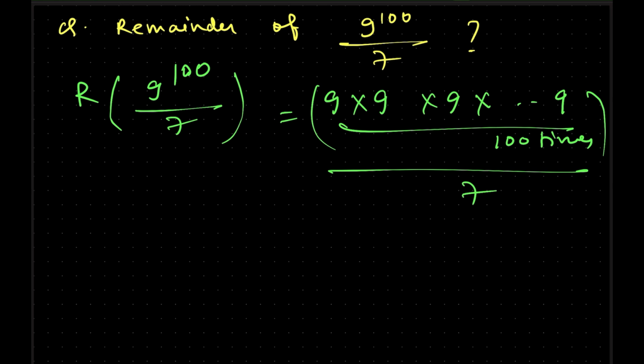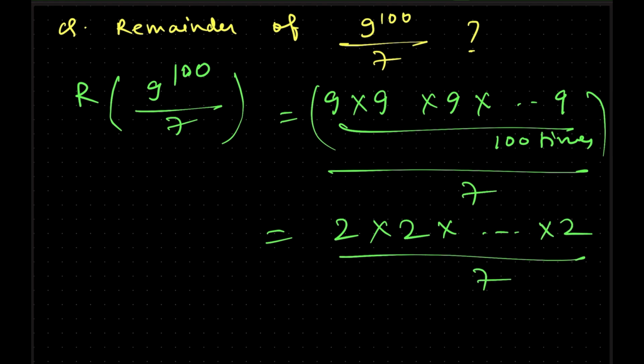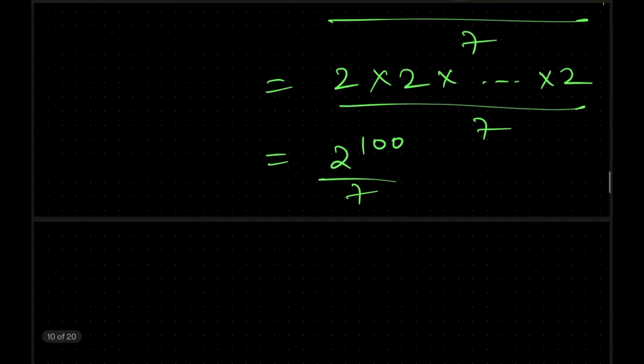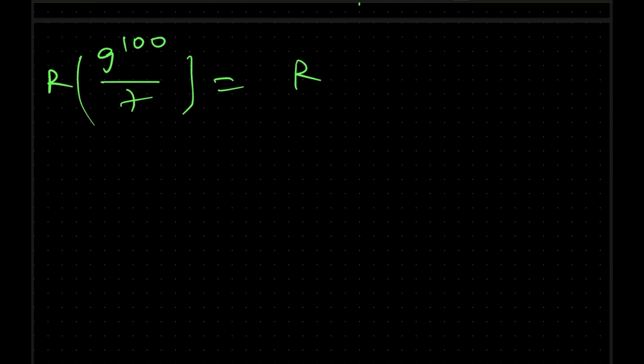Each time, it will give the same remainder as 9 divided by 7, which gives 2. Again 9 divided by 7 gives 2, similarly 100 times. So 9 to the power of 100 by 7 has a remainder equal to 2 to the power of 100 by 7. If you can understand till this, then the next part is going to be like repetitions.